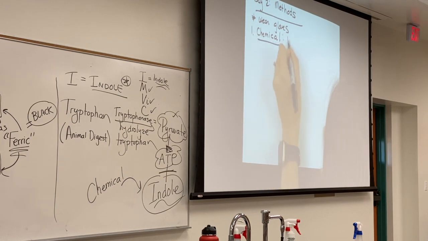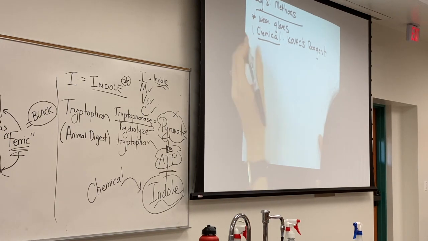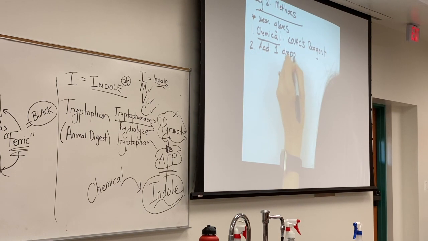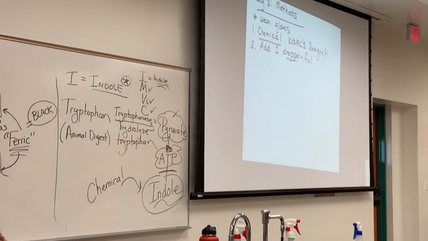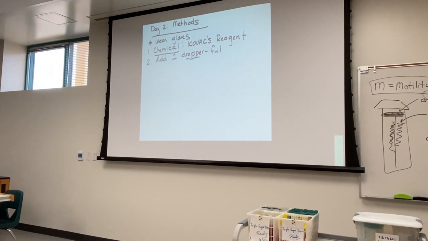We call it Kovacs reagent, and we have it labeled as Kovacs in the glass cabinet over there. You'll add 1 dropper full. Just fill it to the brim. You might even have to add a little extra, because I noticed in the morning it was skimpy.